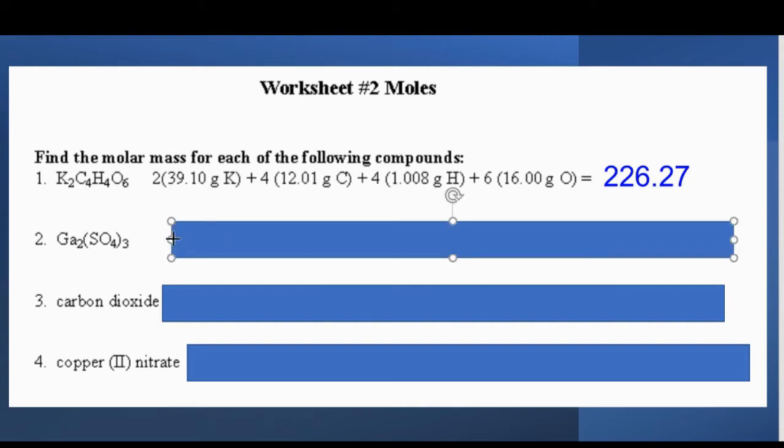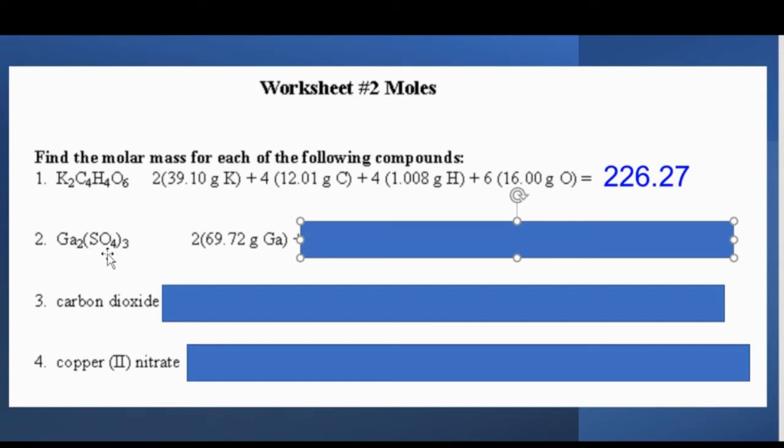Same idea. We're doing the molar mass. So I find gallium. Boom. There's 2 galliums. However, after the gallium, there are parentheses around the SO4. And then there's a 3 on the outside. What does that 3 do to the things inside the parentheses?